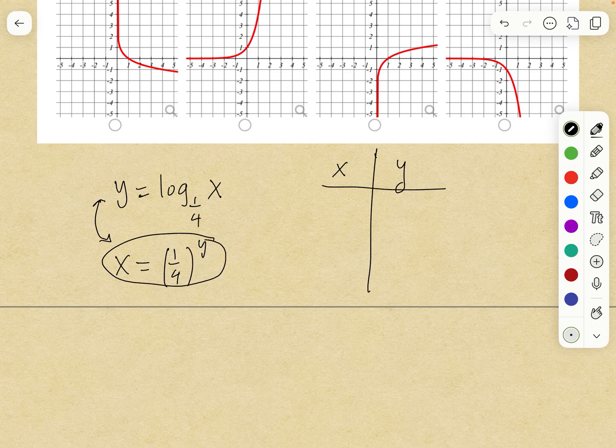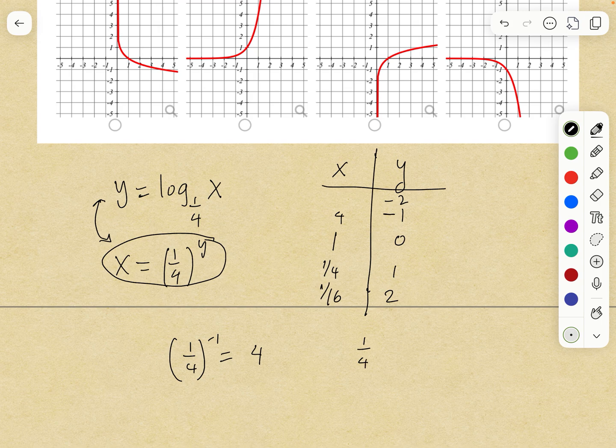Well, we can certainly plug in y equals 0. And we get x is 1. We can plug in 1 for y and get 1/4. We can plug in 2 for y and get 1/16. We can even plug in negative numbers like -1 and -2. If y is -1, then x is 1/4 to the -1 power. Well, that would just be the reciprocal of 1/4, which is 4.